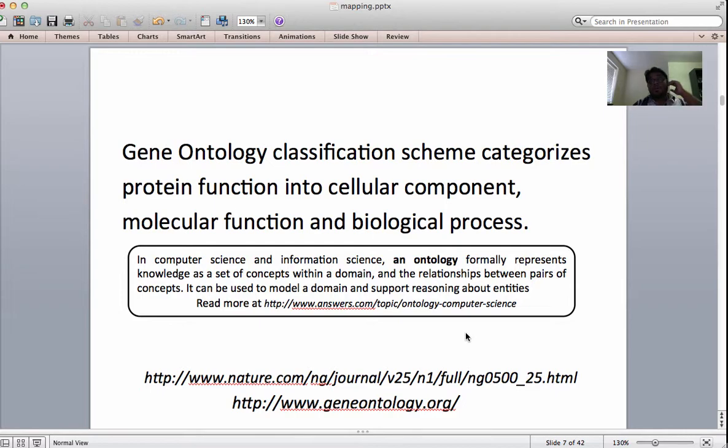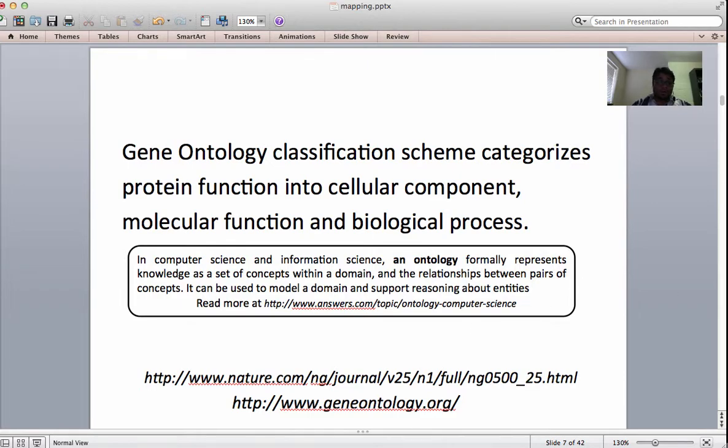The ontology aims to develop a controlled vocabulary of genes and gene products, and it also helps to annotate the genes and gene products and assimilate and disseminate the annotation data. It also provides tools for easy access to all aspects of the data provided for that protein.